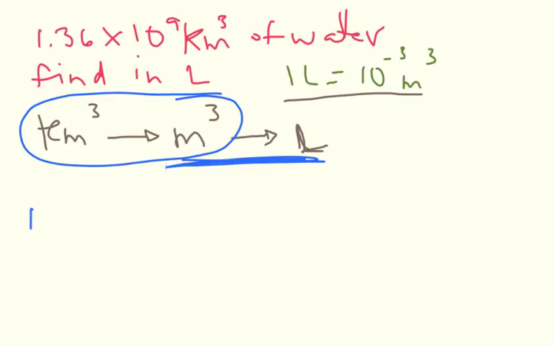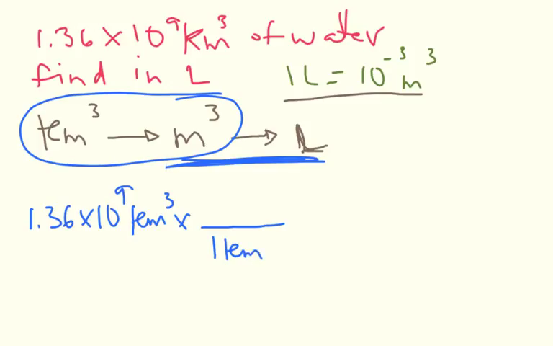You have 1.36 times 10 to the 9 cubic kilometers. You know that for every 1 kilometer, you have 10 to the 3 meters. Since these units aren't squared, you have to cube each, like that.